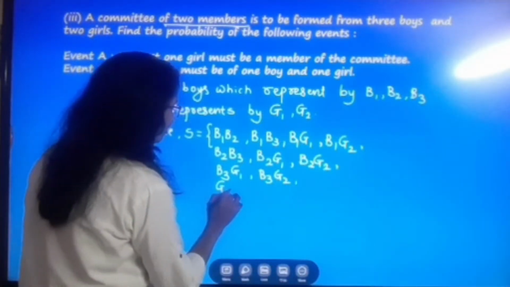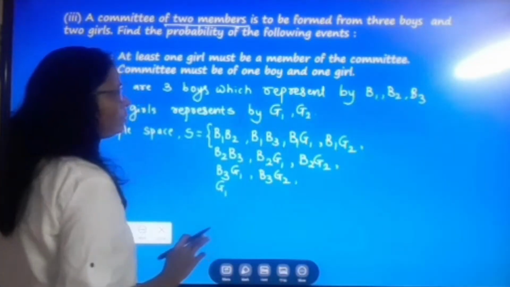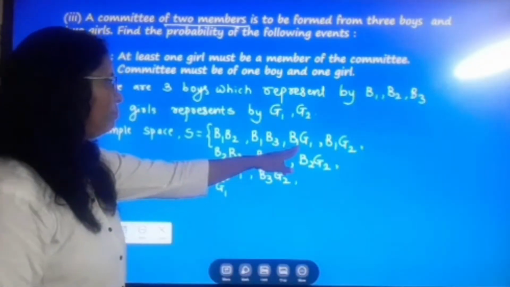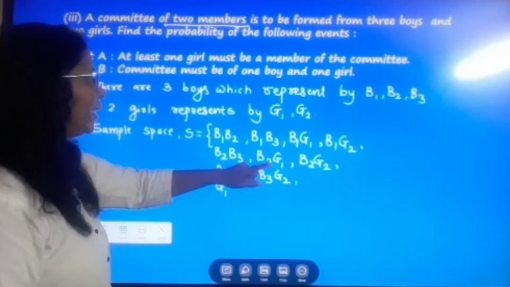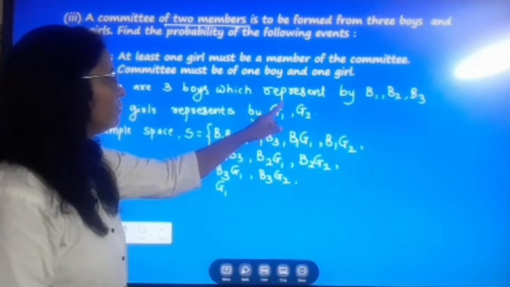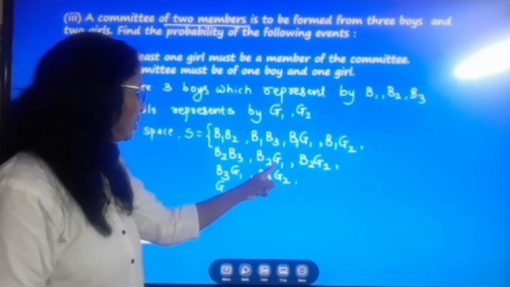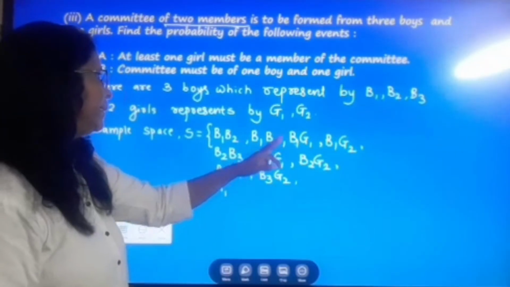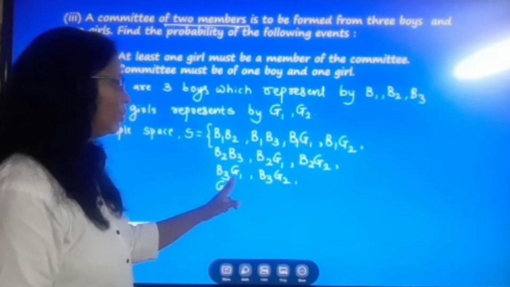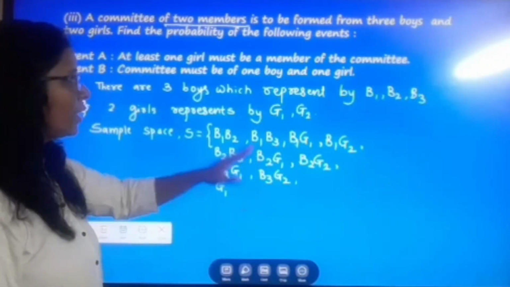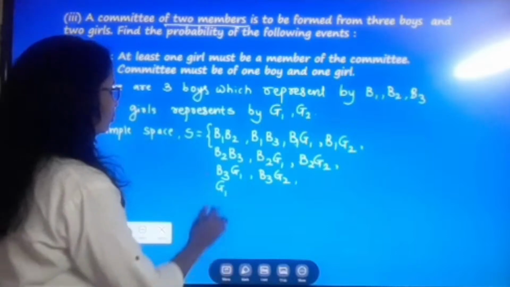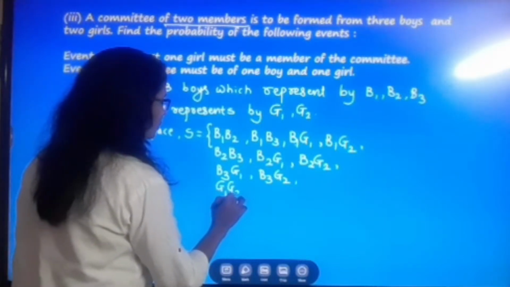So now G1, B1, do not write, as B1, G1 is already there. Then G1, B2 and G1, B3, again do not write, they are included. So now G1, G2.